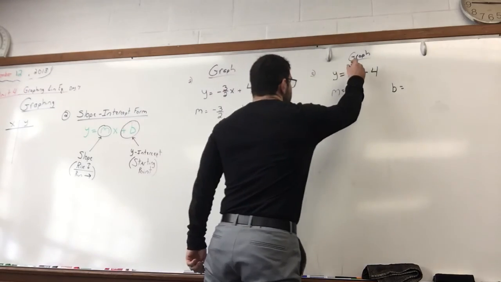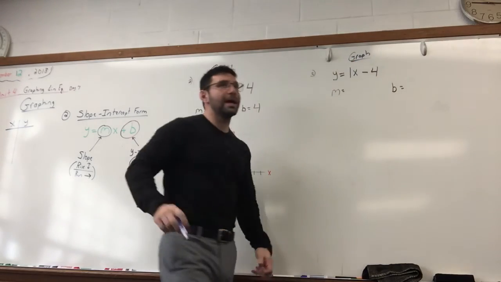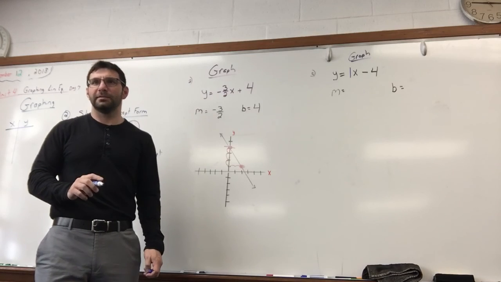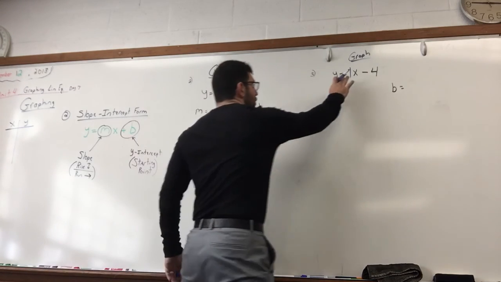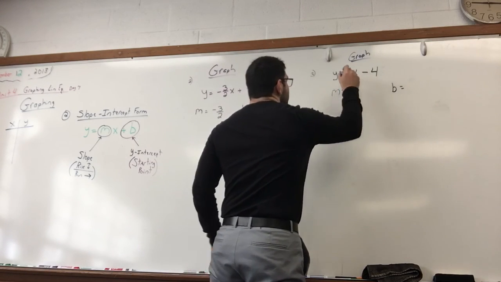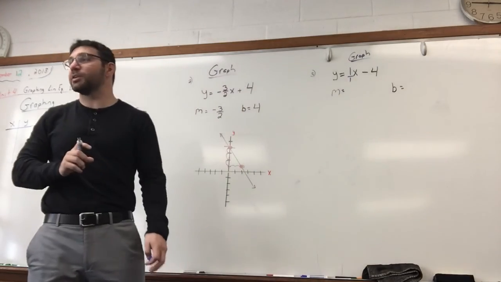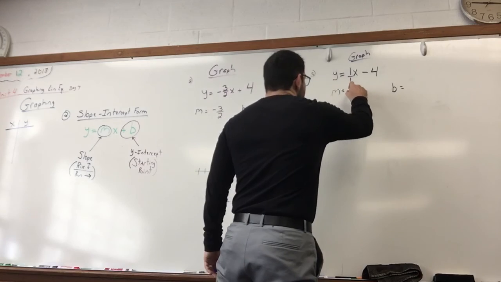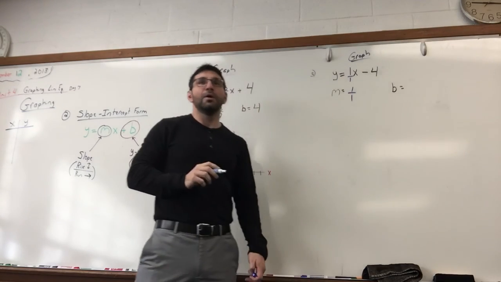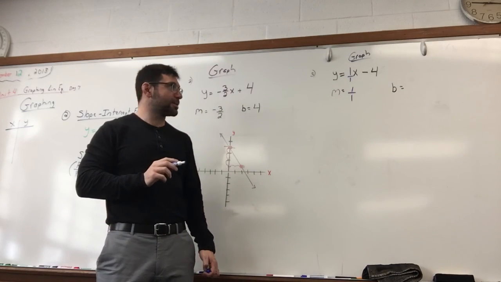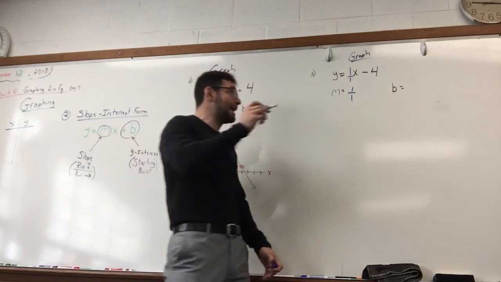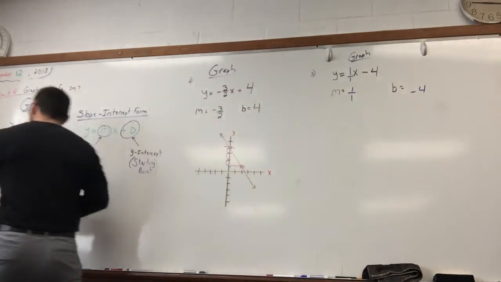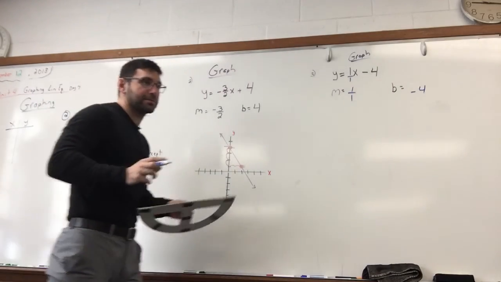So this is really y equals 1x minus 4. Well, is that what I want as my slope? You would do over 1, because if it's a whole number, the denominator is 1. So now my slope, which is m, is 1 over 1. What is my y-intercept, Gracie? Negative 4. Okay, so now you should be able to graph this.